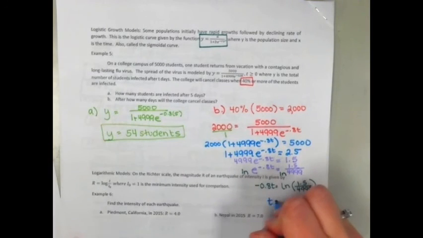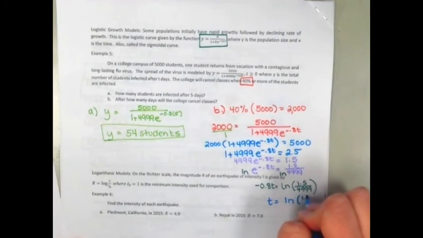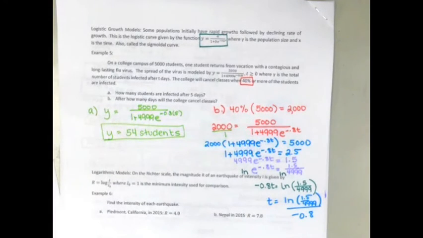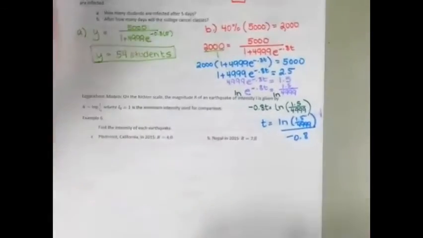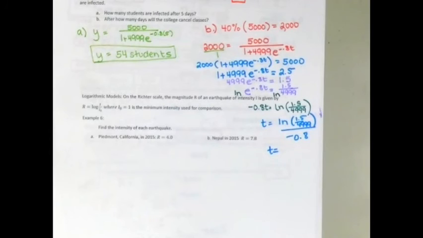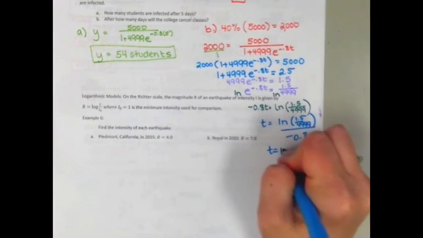When I divide it, so I'd have the ln of 1.5 divided by 4,999 divided by negative 0.8. Make sure when you're using a calculator, you put a parenthesis at the end of the 4,999 before you divide. So roughly how many days would it take for us to cancel? Never. Did you get it? Did you guys get it? 10. Yep, 10 days. Perfect.